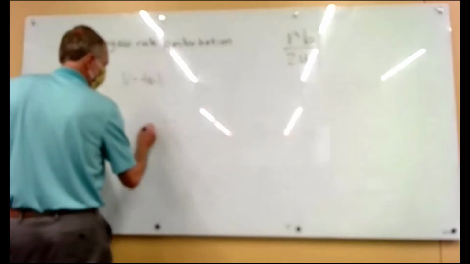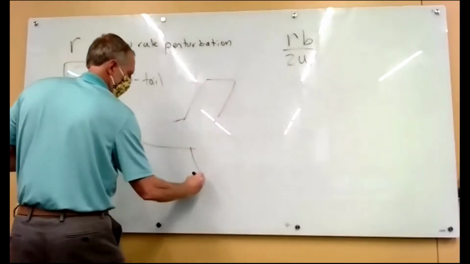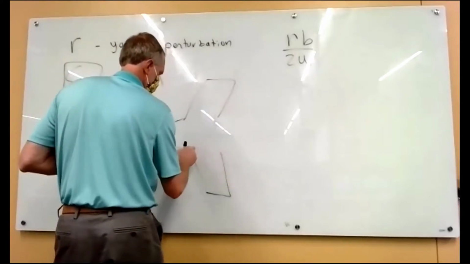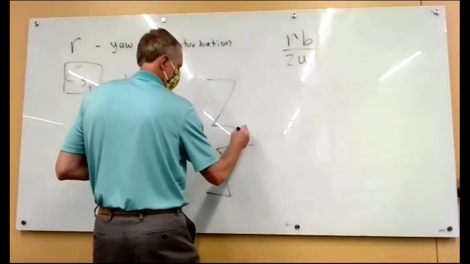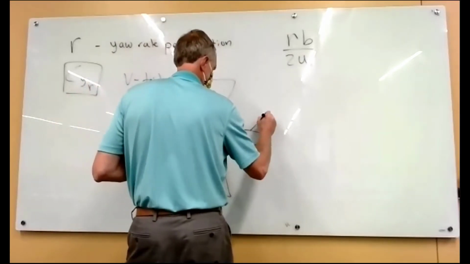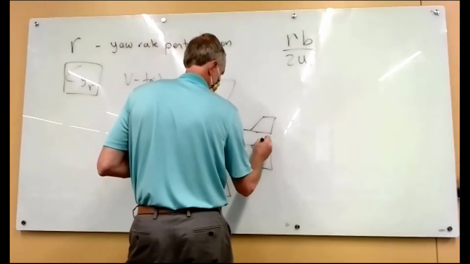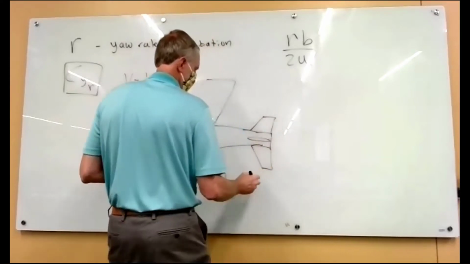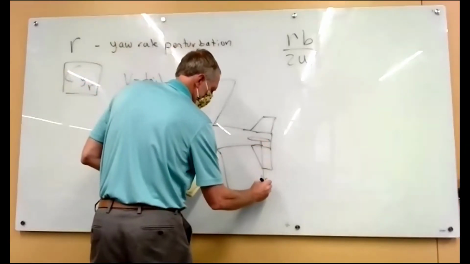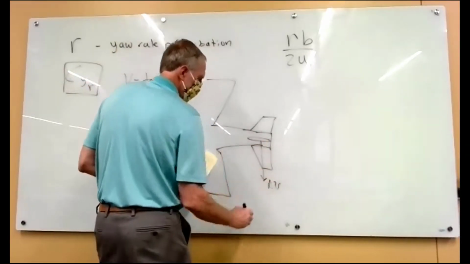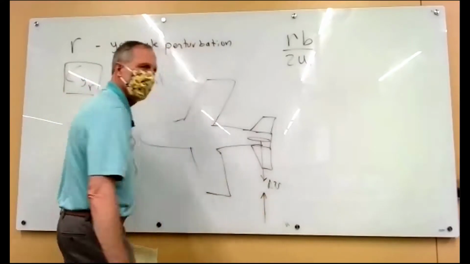So here's a picture of our airplane. There's the vertical tail. The vertical tail is moving down that way, so we have a relative wind equal to that coming up this way.